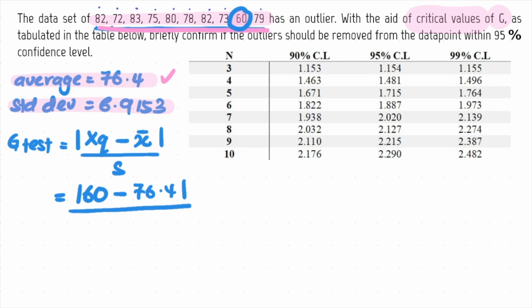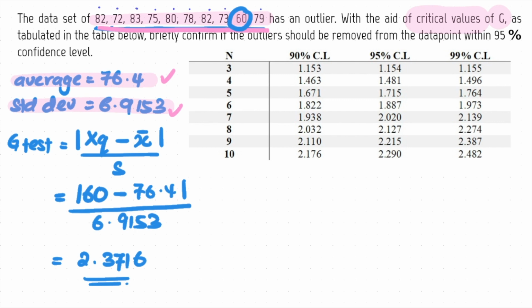Remember, we have the modulus here, so it doesn't matter if it becomes negative. And then your standard deviation is equivalent to 6.9153. Therefore, you will get your G test equivalent to 2.3716.